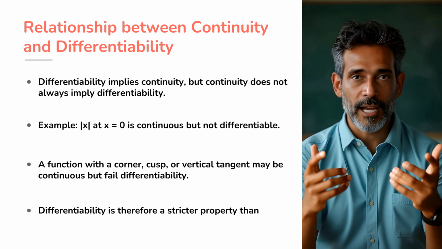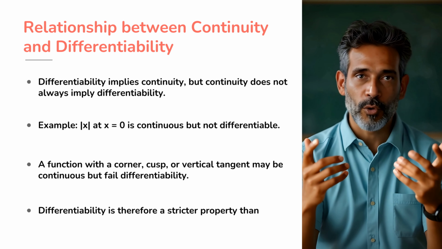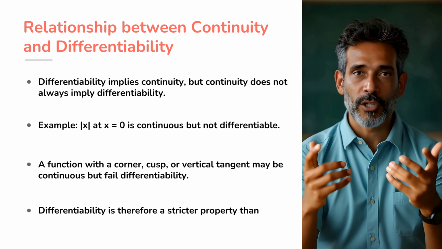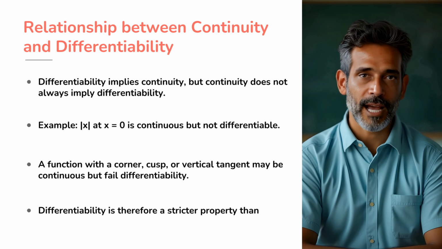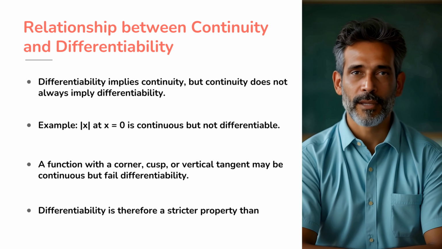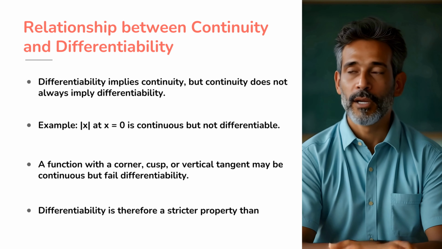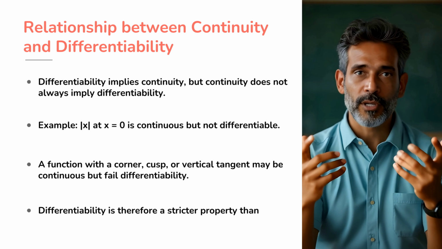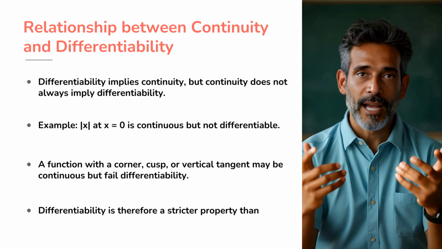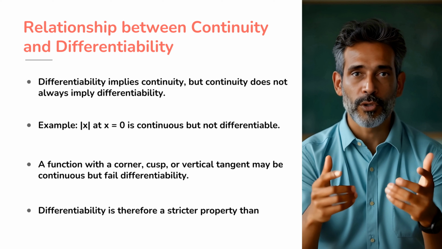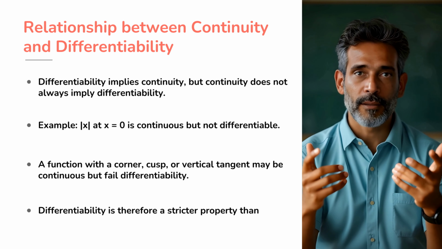For instance, f of x equals x raised to the power 2/3 has a cusp at 0, and f of x equals cube root of x has a vertical tangent at 0. These graphs are continuous but fail to be differentiable at those points. So, differentiability is a stricter property than continuity, ensuring smoothness beyond just connectedness.